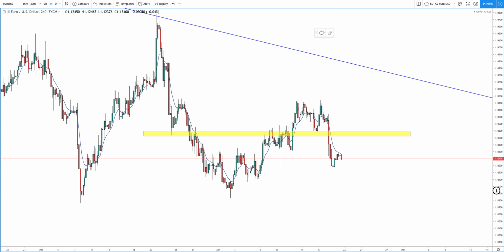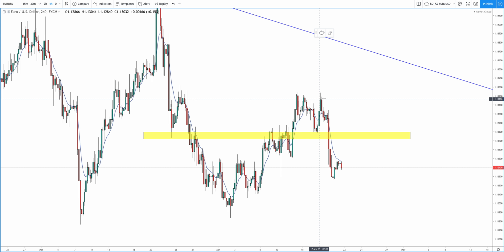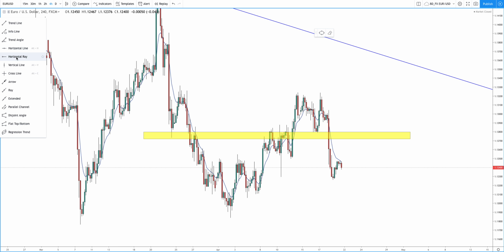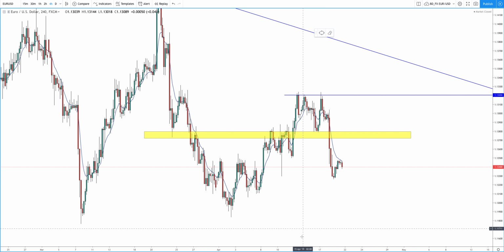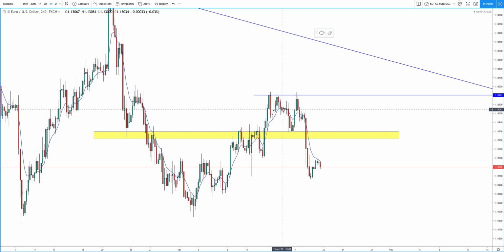But then here we can see we ran into resistance one more time, and the third time. So we've found resistance the first time, the second time, and come up for a third time, and again rejected it. So the first obvious sign here on the 4 hour was the third rejection, which became the final rejection. We had this 4 hour bearish engulfing, and for me that was enough to look at taking a short trade.